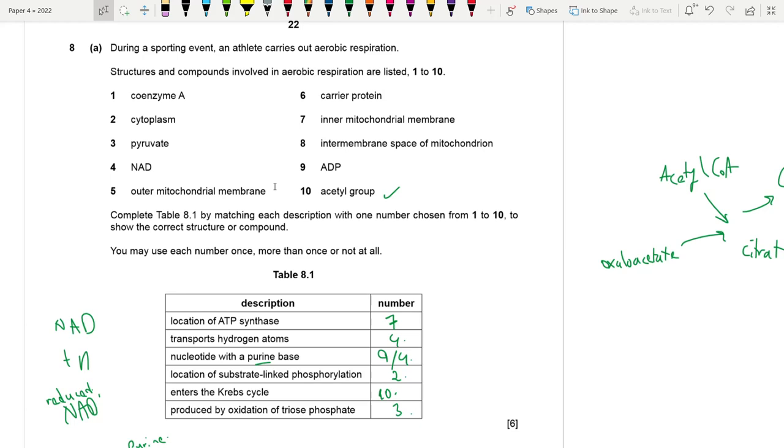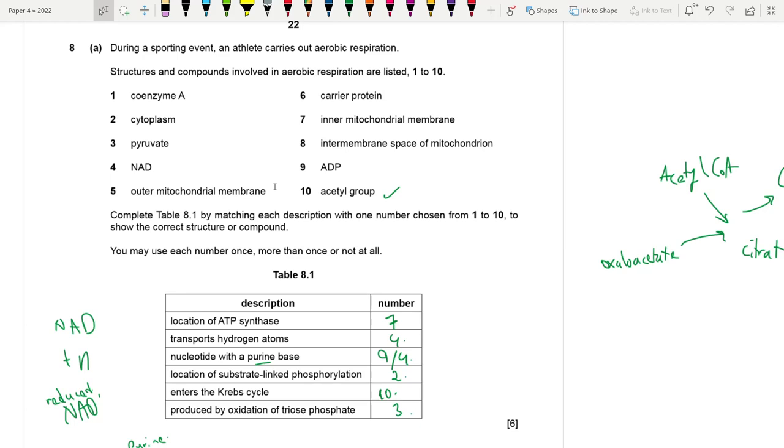Location of substrate-linked phosphorylation. This mainly occurs in glycolysis and in the Krebs cycle. So where does glycolysis occur? It occurs in the cytoplasm. So number 2 is the best answer. Enters the Krebs cycle: from which part does this enter? Following glycolysis, we have the link reaction where we get acetyl CoA.